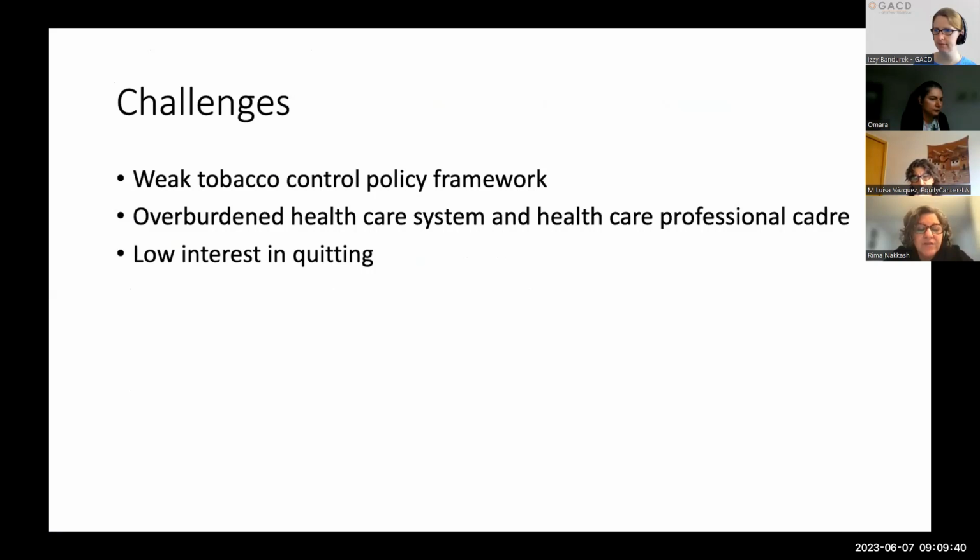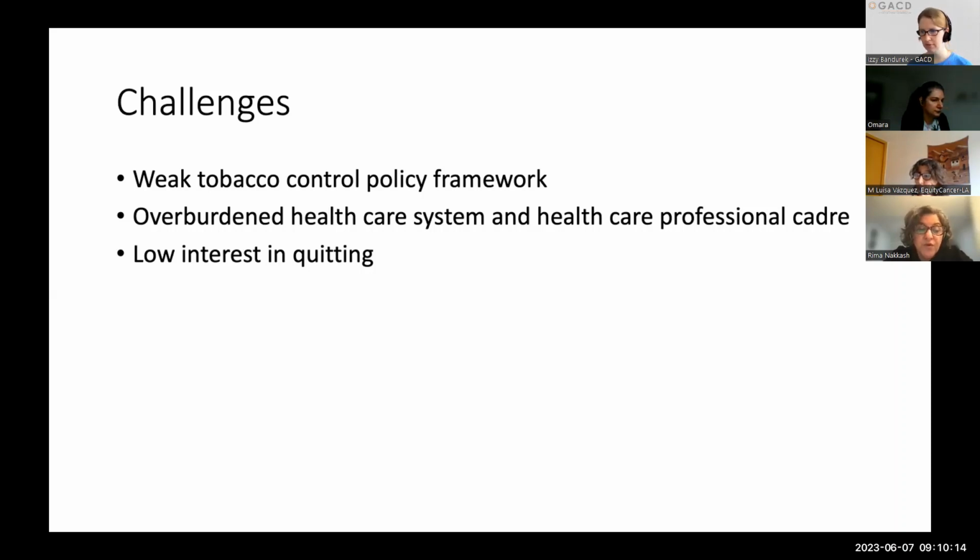Those qualitative findings and feedback from smokers reflect what the data tells us, that there's always very low motivation and willingness to quit. So it's a matter of how we tailor the intervention to provide a strategy that will ensure the willingness of participants to engage in a smoking cessation program.